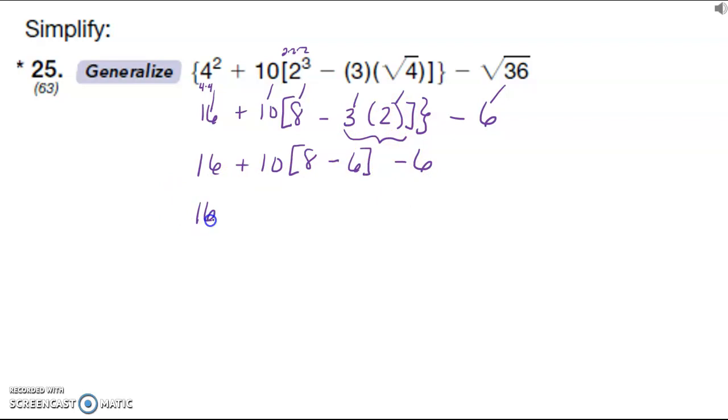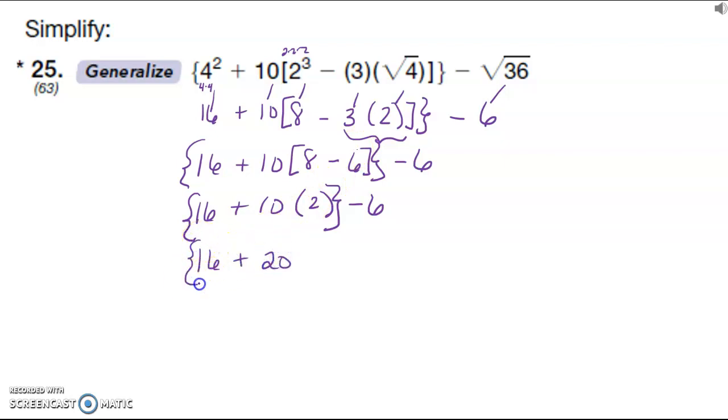And then I have 16 plus 10 times 2 minus 6. I think I'm missing a... Yeah, I am. Sorry. This goes like this. So this has to happen first. So then I have 16 plus 20 with my chocolate chips. And then 36 minus 6, which gives me 30. Did you get it? Alright, that's the last one.